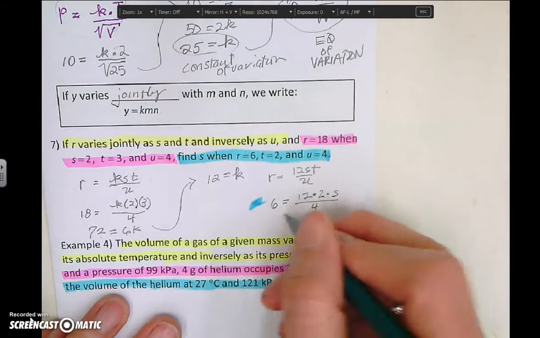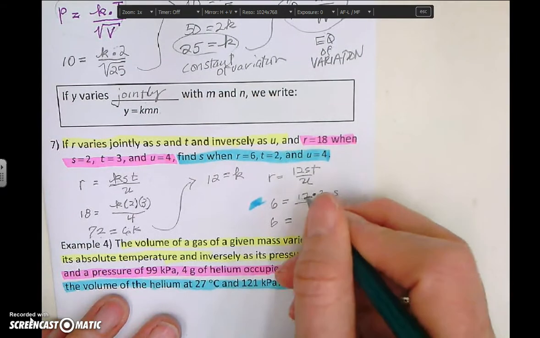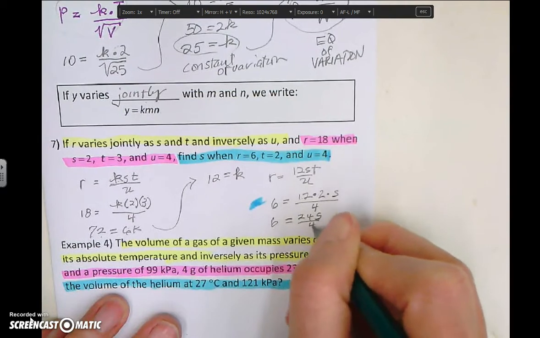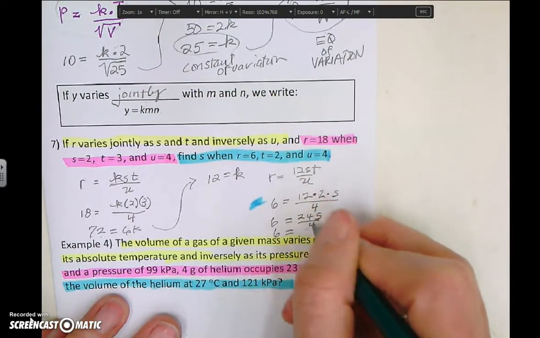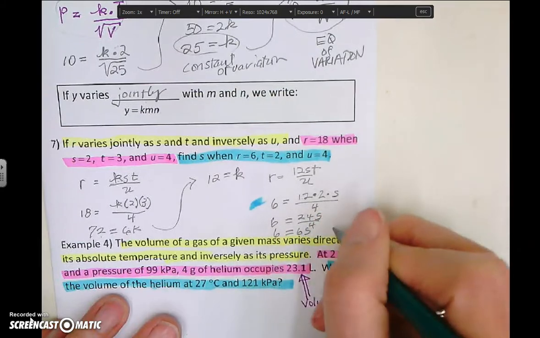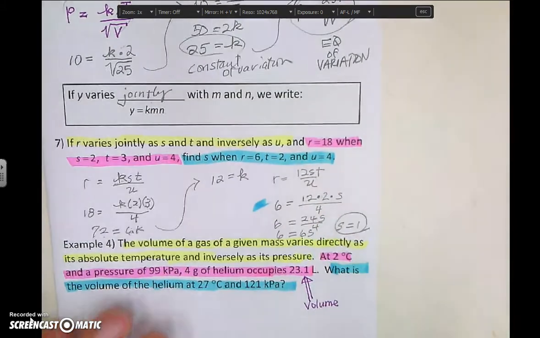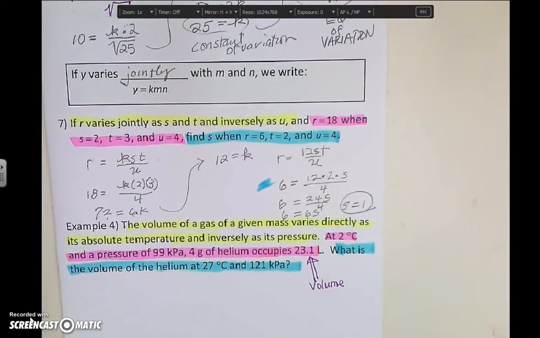Let's see what we got. So we have 6, and I have 12 times 2, which is 24, S over 4. So 6 is equal to 24 divided by 4 is 6, so 6S. And so that means that S is equal to 1. I kind of ran out of room. I wasted it there, didn't I?